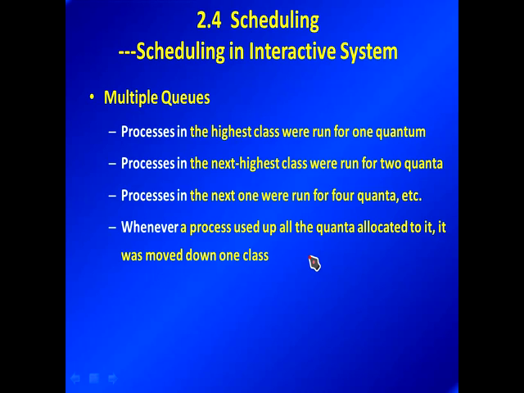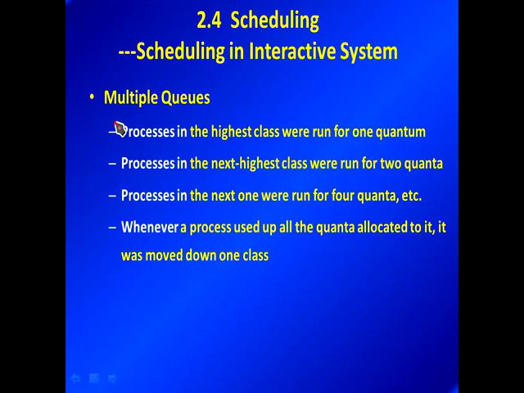But the big difference between that method with a fixed quantum and multiple queues is that the quantum is different. The fixed time slot to use the CPU is set differently.